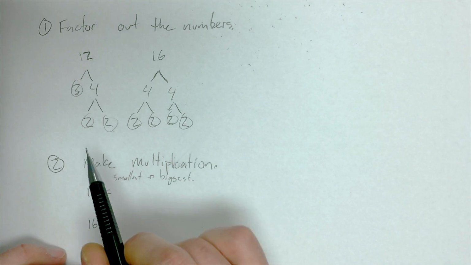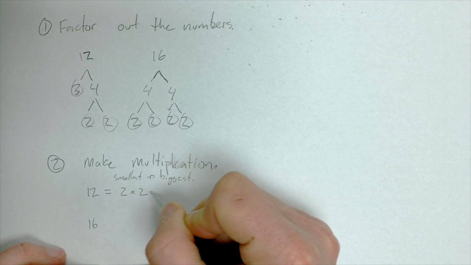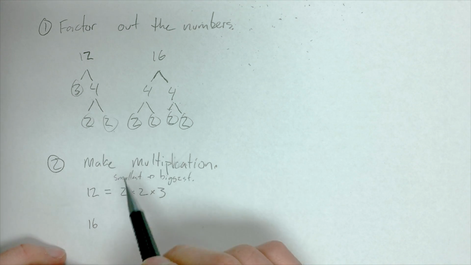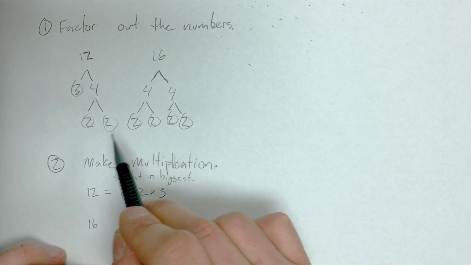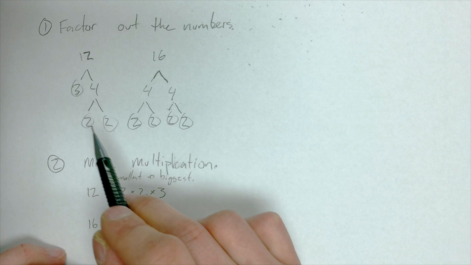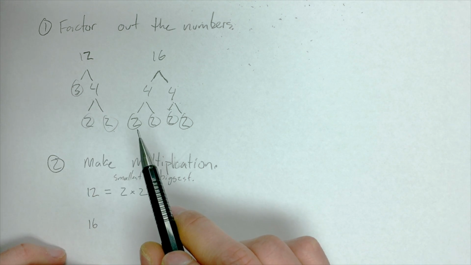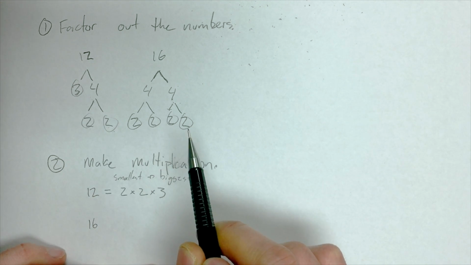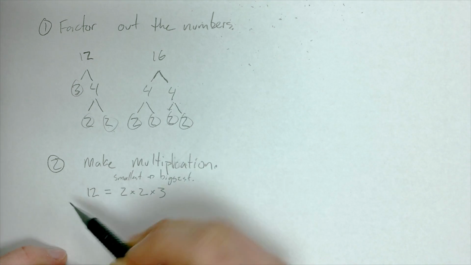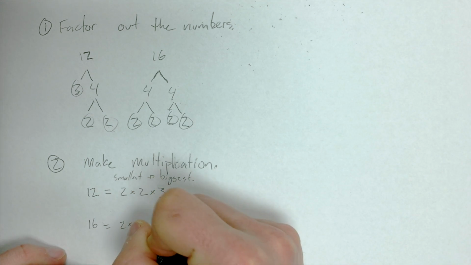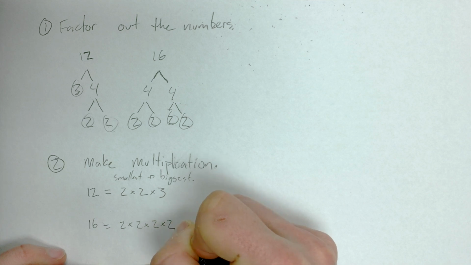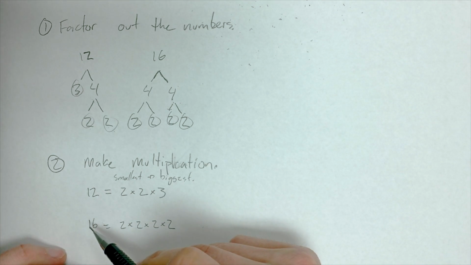Okay, so I'm going to say 2 times 2 times 3 equals 12, because those are the factors of 12 that we end up with. Okay, 2 times 2 times 2 times 2 equals 16. So I'm going to write that down here. 2 times 2 times 2 times 2, all right, equals 16.